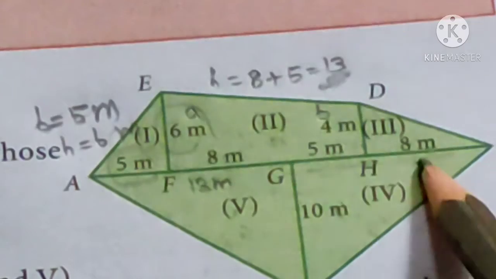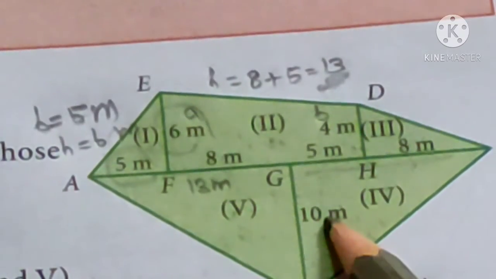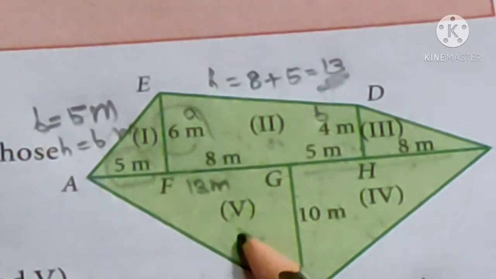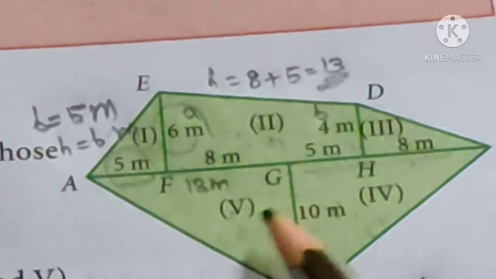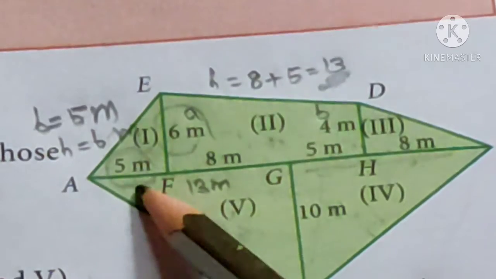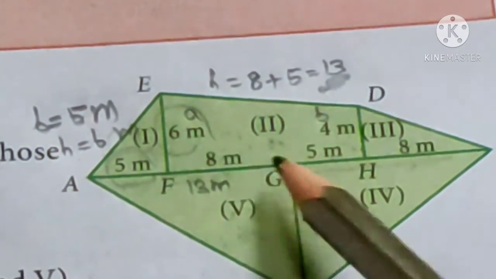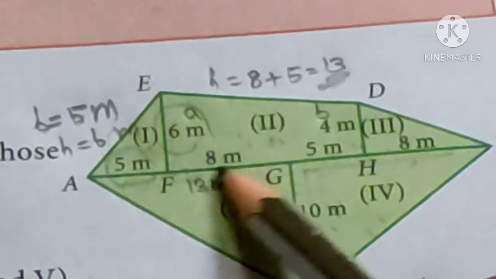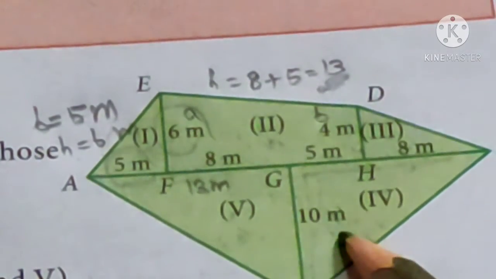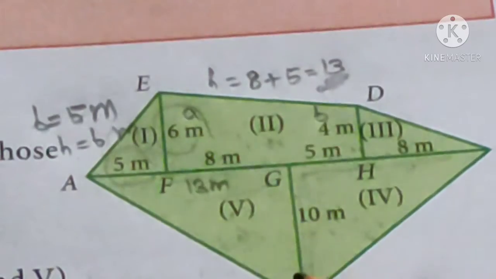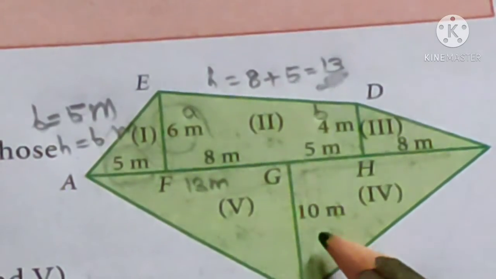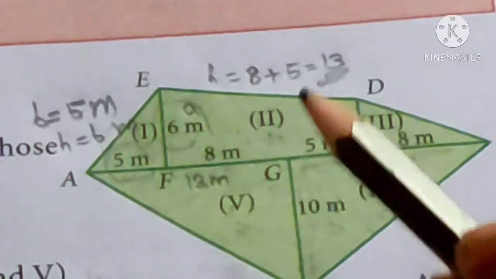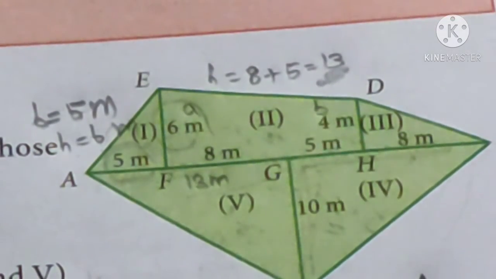Then the fifth part: the base is 8 plus 5, 13, and the height is 10 meter. So we use these measures to find the area of this irregular polygon.